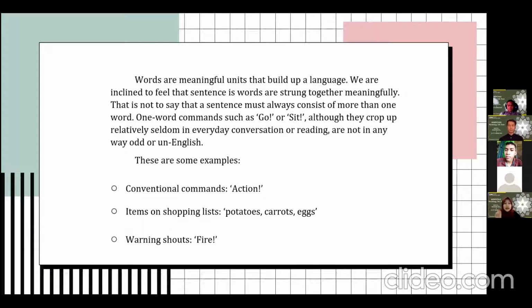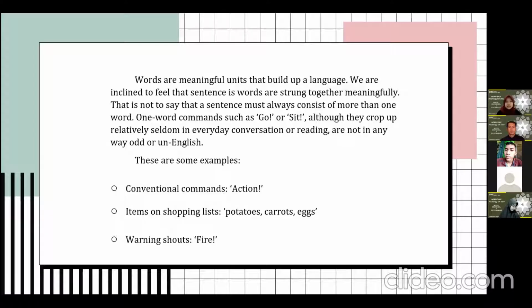But we have to remember that this is not to say a sentence must always consist of more than one word. One-word commands such as go or sit, although they crop up relatively seldom in everyday conversation or reading, are not in any way odd or un-English.